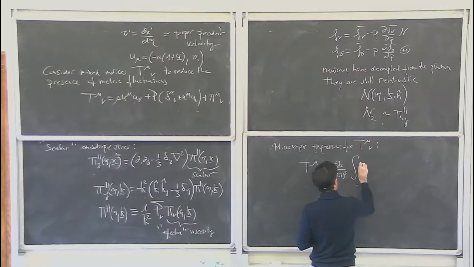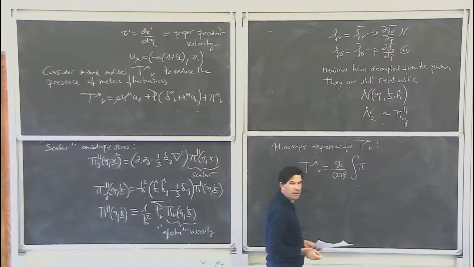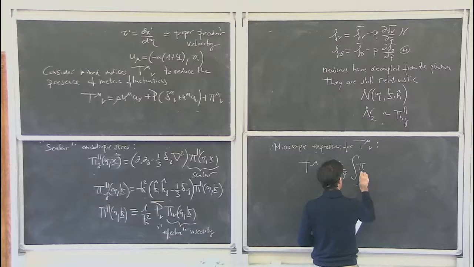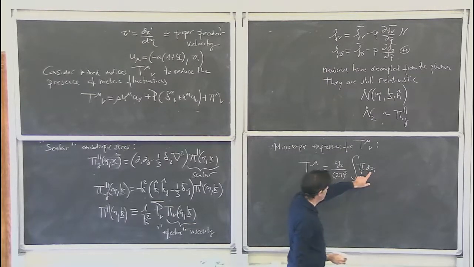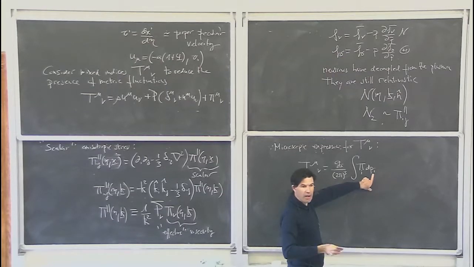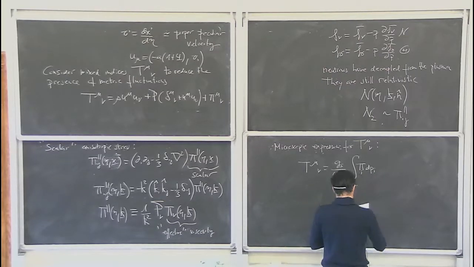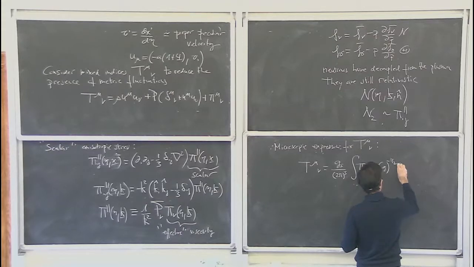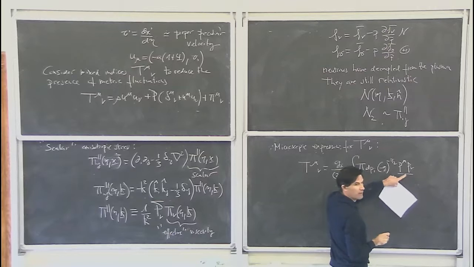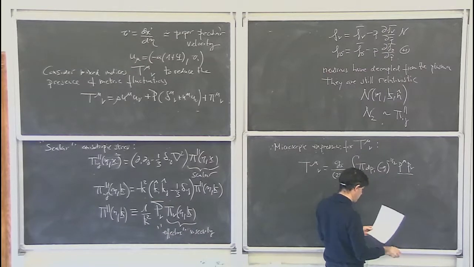And then you have to integrate over the momenta. And so there is a measure here where the P_i are the covariant components of the canonical momentum, which we already computed, okay? And then you have a factor of the metric to the minus 1/2. And then you have P^mu, P_nu, the components of the neutrino four-momentum.